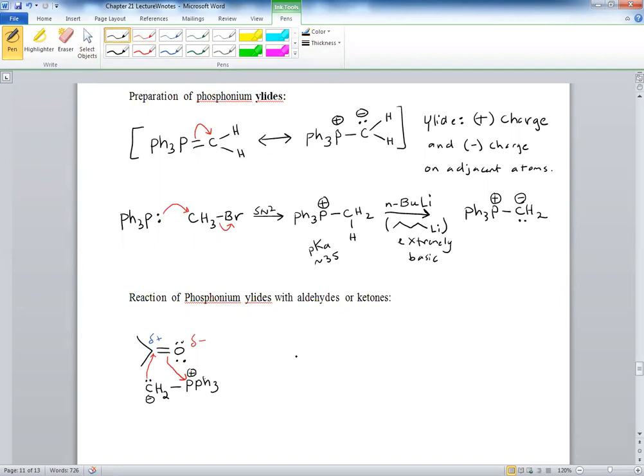So it looks like this. So here's the carbonyl carbon, the O. Here's the new bond. CH2. I'm showing them so you can see how it was bonded. P attached to the O, Ph3.